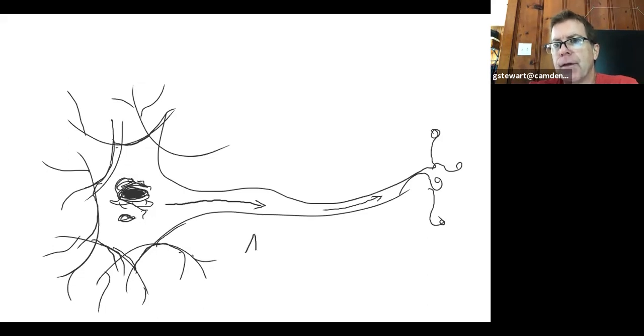And this word, anterograde, what that word refers to is the flow of materials, in this case raw materials for neurotransmitter, in this direction from the cell body out here to the axon terminals. That's all the word anterograde means, movement away from the cell body.